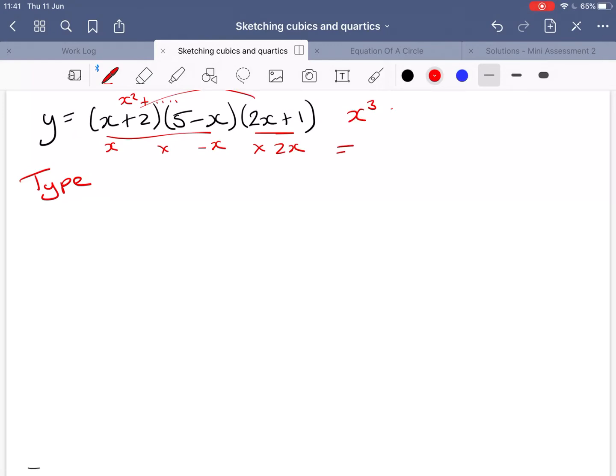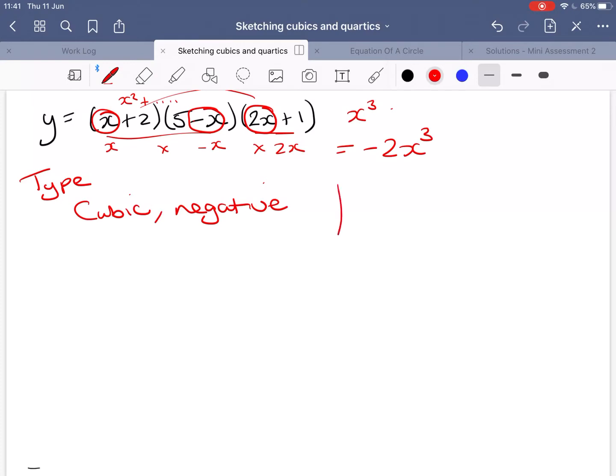What would that give me? That would give me minus 2x cubed, because I multiply this by this by this. So the type is a cubic, and it's a negative cubic, not a positive, because we've got this minus x in this central bracket.